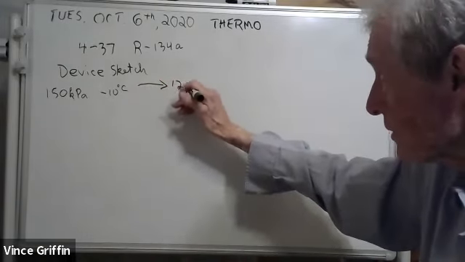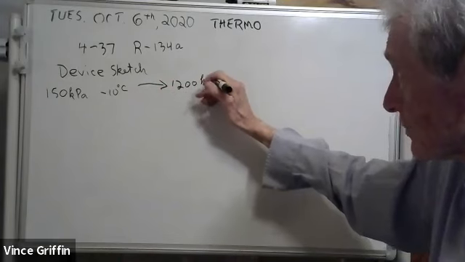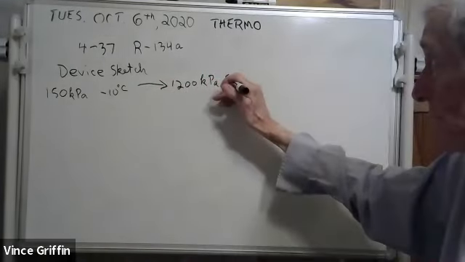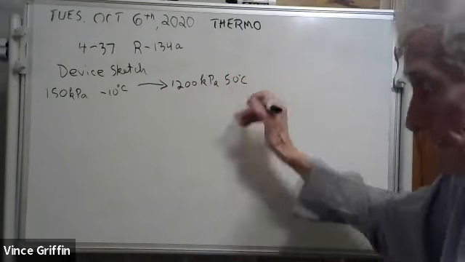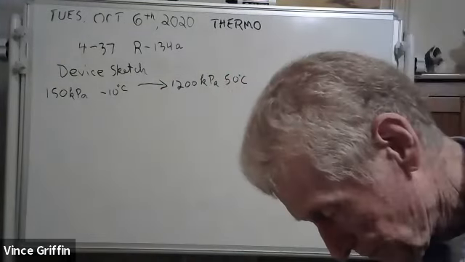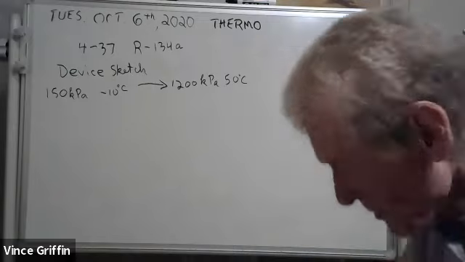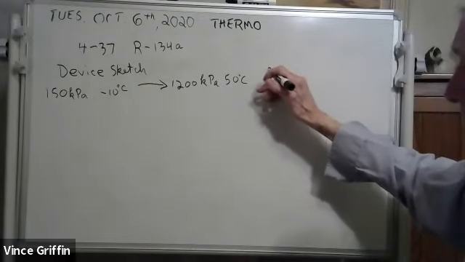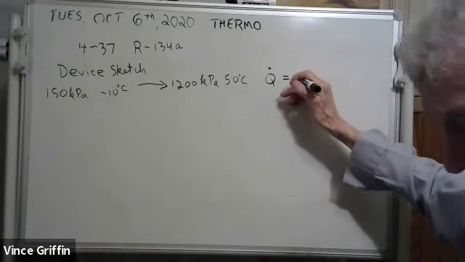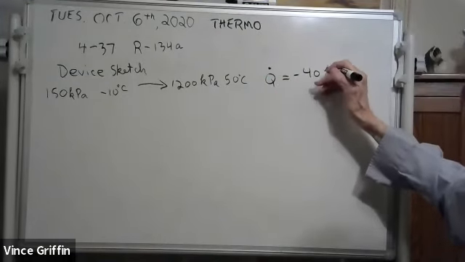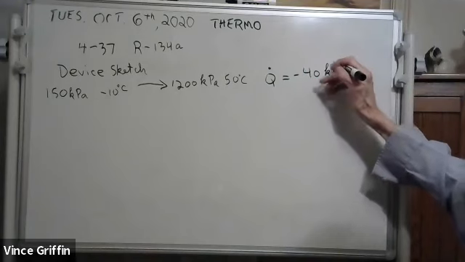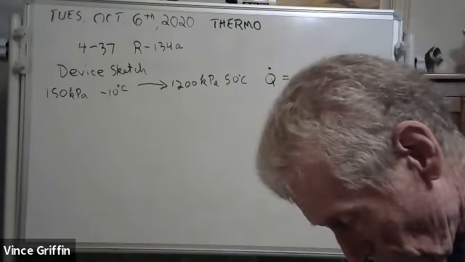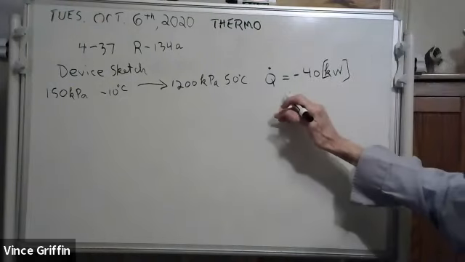I wrote that wrong. 1200 kilopascal, 50 degrees Celsius, and it has a heat loss, which means that Q dot is negative. It's negative, and the work is 150.